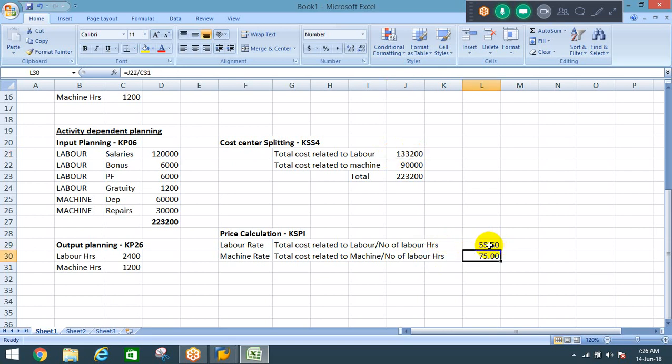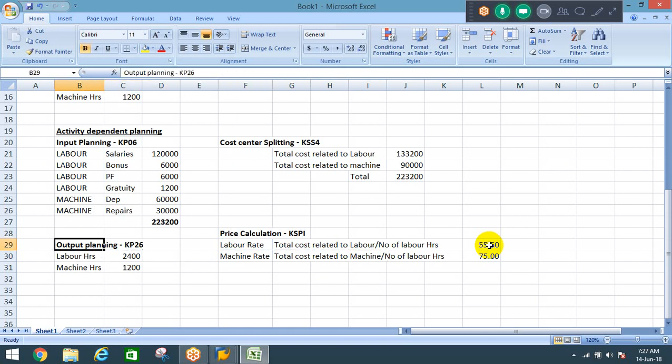Next, we get the correct price in activity dependent planning, but no company uses activity dependent planning in real time. Why? What is the reason?